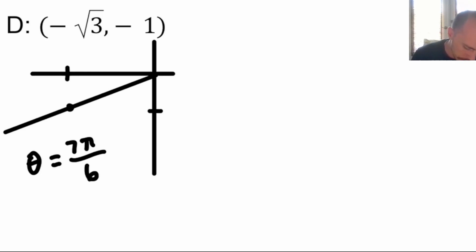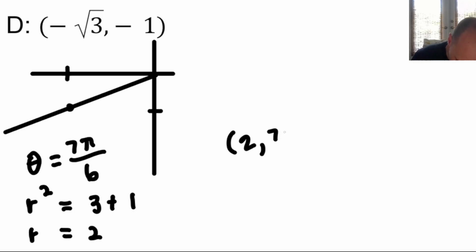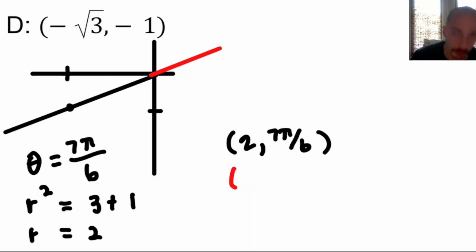Okay, and then I need to find the radius, the r value. r squared equals x squared plus y squared, and that's 4, so that means to me that r is going to equal 2, or possibly negative 2. So I could have r equals 2 along theta equals 7 pi over 6, and then theta equals... That looks like regular pi over 6.